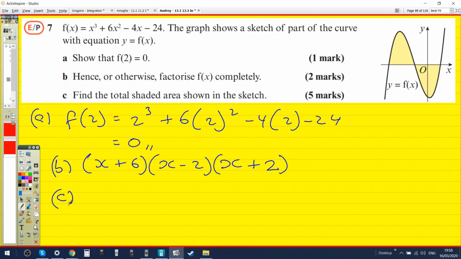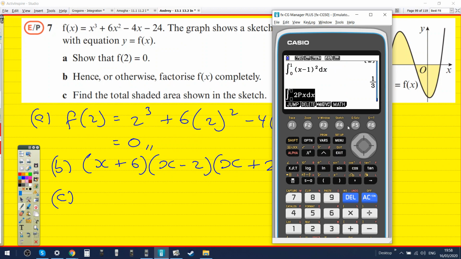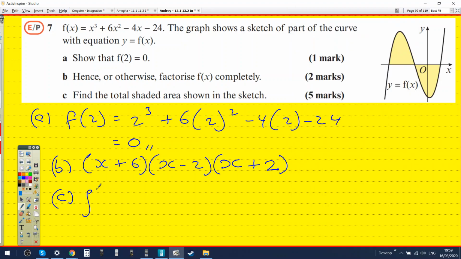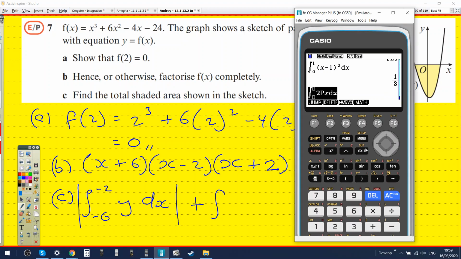And then would I just do the integral thing again, and then do the equation, so minus 6 and minus 2, and then do the second bit with minus 2 and 2. Yeah. So that's y with respect to x, and then plus the integral of the other one, or just the absolute thing. So make them both plus. I just figured it out, I think.